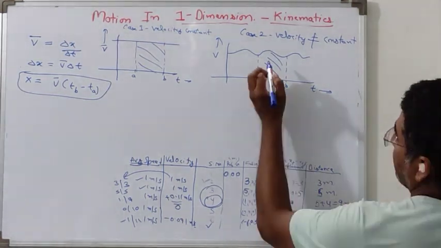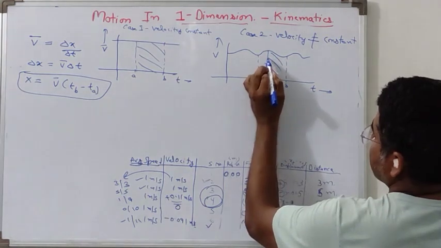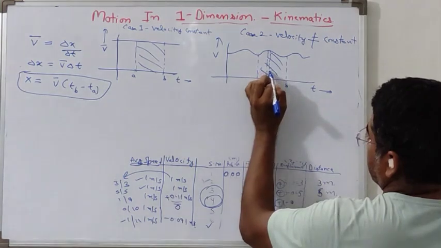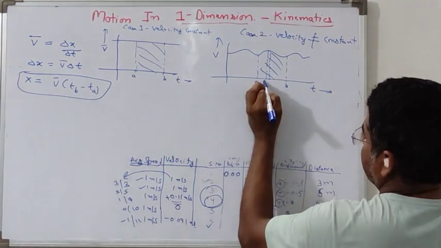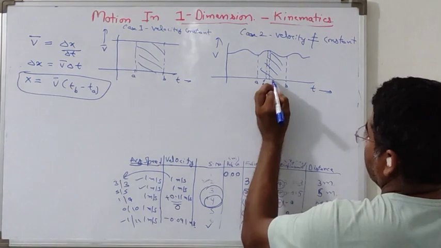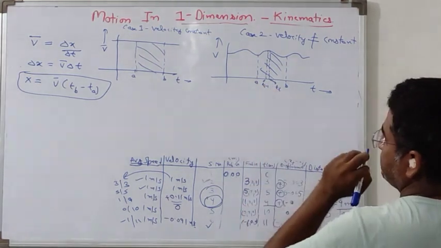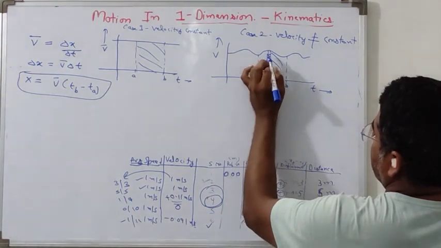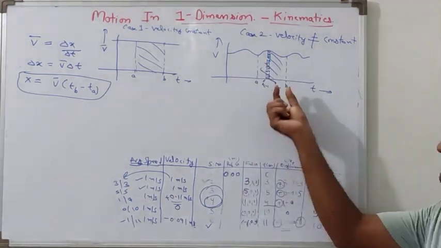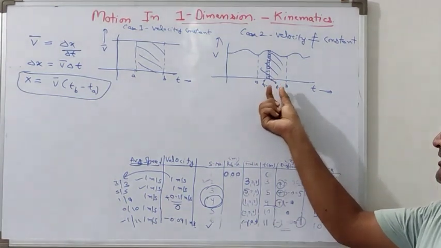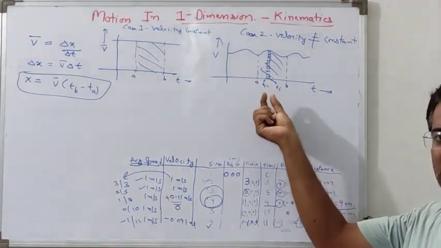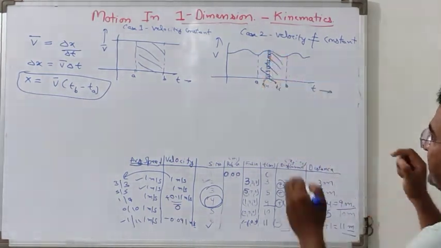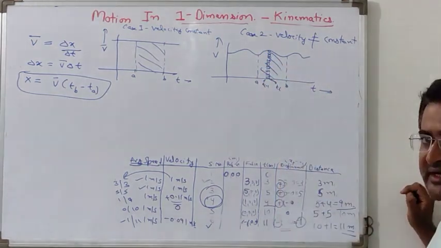So what we do, we take a small strip where the time is ti minus 1 and this will be ti, and we find the area of this strip. As this strip is very small, or you can say its length is very small, we can assume that for such a small length the variation of velocity is negligible.